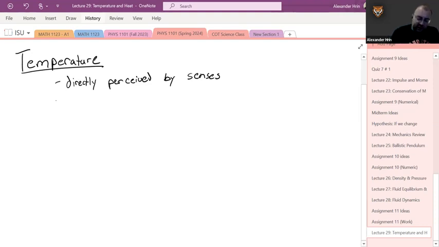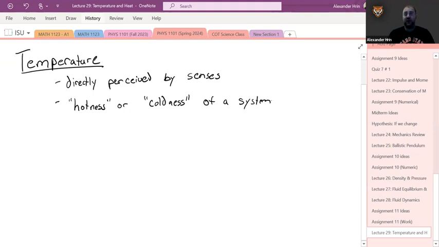Now, another way to put it, I'll put this in quotes, is the hotness or coldness of a system. And again, those are vague terms. Hotness and coldness are not really defined particularly well. When I say of a system, this can be a single object.